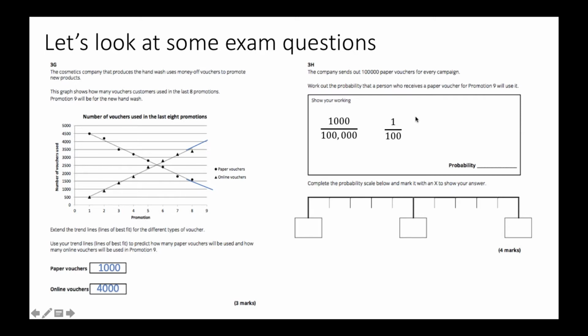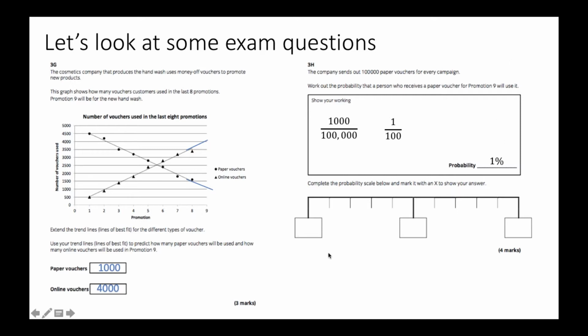Well, that's like saying 1 penny out of 100 pounds. And that means 1%, because 1% means 1 out of 100. So we know that 1% is our probability. Or 1% can also be written as 0.01, just like 2% would be 0.02, and so on.